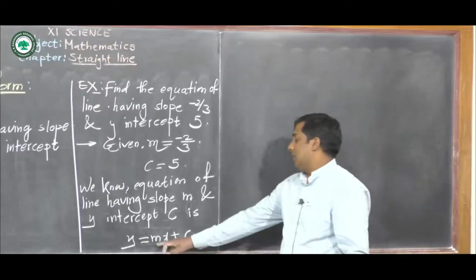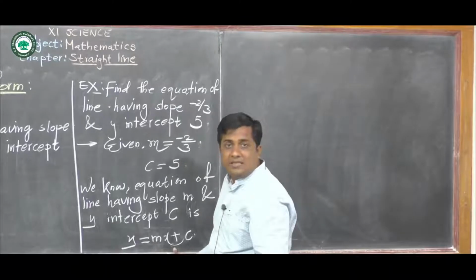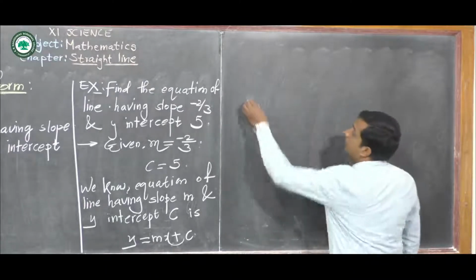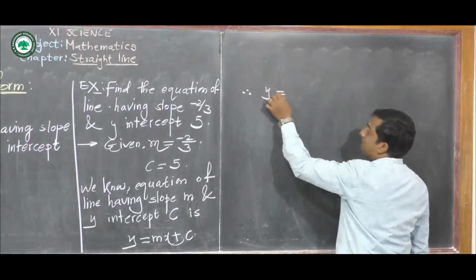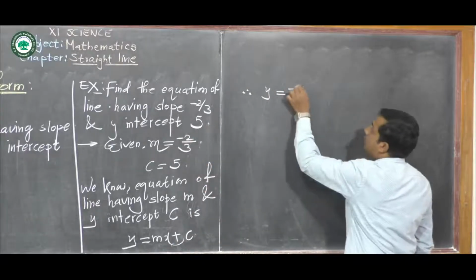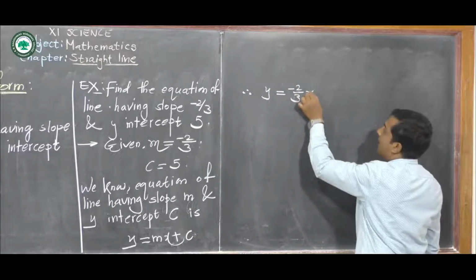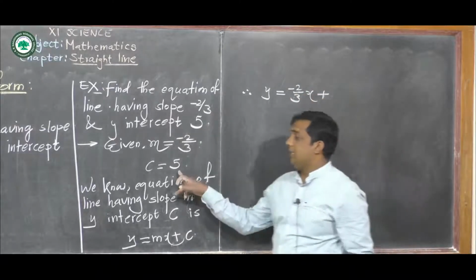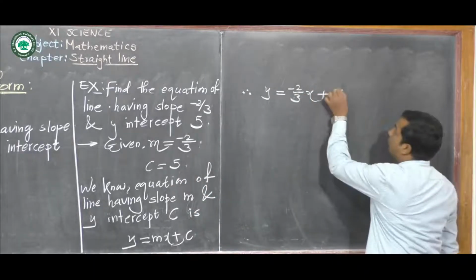Let's replace m and c in the given form. So we get y is equal to, we know m is minus 2 upon 3, so minus 2 upon 3 into x plus, c is given, c is 5.